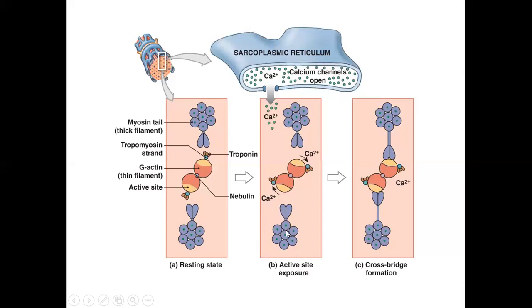Now you can see we have the myosin on this side and we have the myosins on this side. Upon attaching, they form a bridge between the actin and the myosin. So there is that bridge formation. That is what we call the cross bridge formation. And it only forms when the myosin attaches to actin.